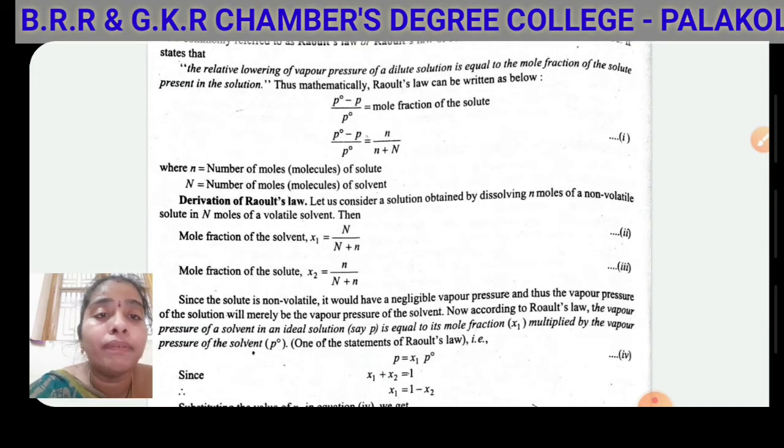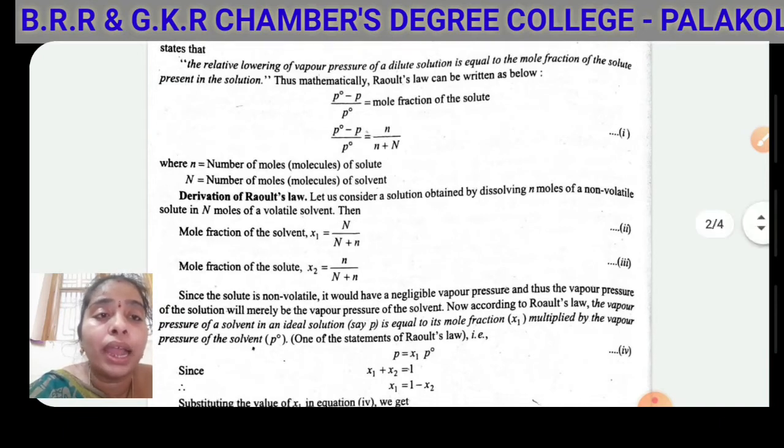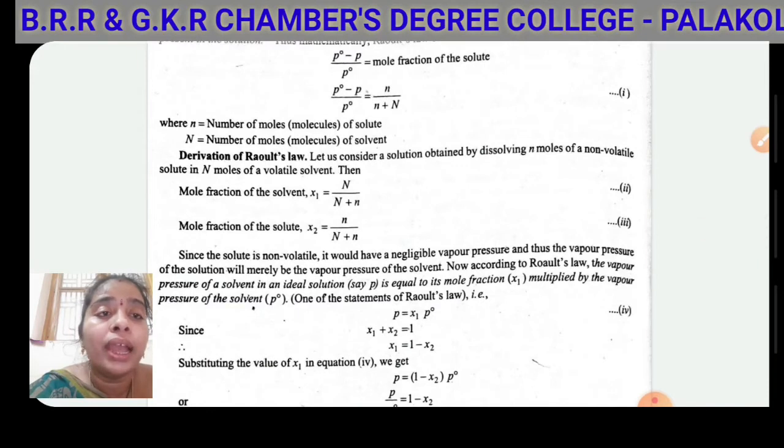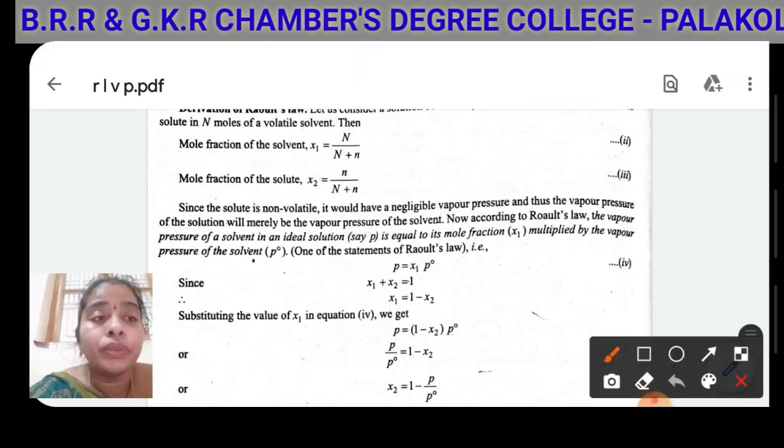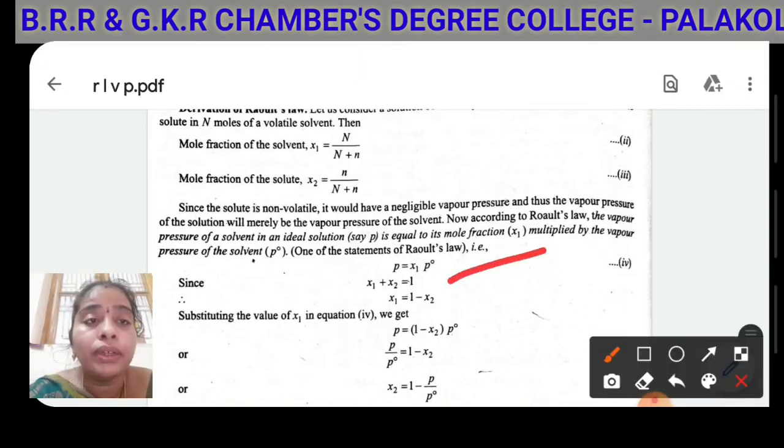P0 is the vapor pressure of the pure solvent, x1 is the mole fraction of the solvent and x2 is the mole fraction of the solute. Now x1 plus x2 equals 1, that is, x1 equals 1 minus x2.